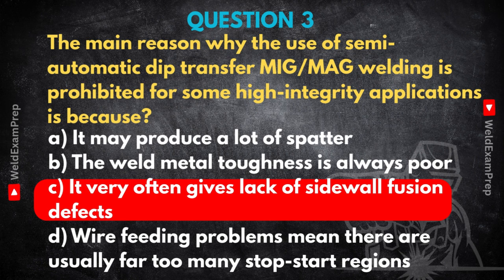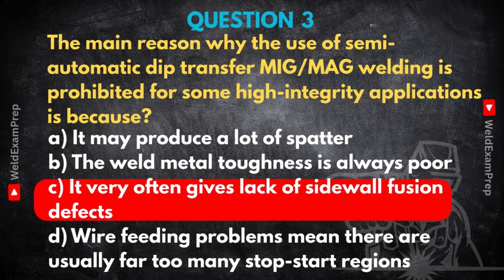It means the process isn't tuned right, maybe wrong voltage, wire speed, gas mix. And those underlying issues can indirectly lead to more serious problems. Like porosity? Porosity, maybe lack of penetration if the arc's too unstable. So yes, an inspector should definitely flag excessive spatter as a warning sign, even if lack of fusion is the specific reason dip transfer gets banned for certain jobs.